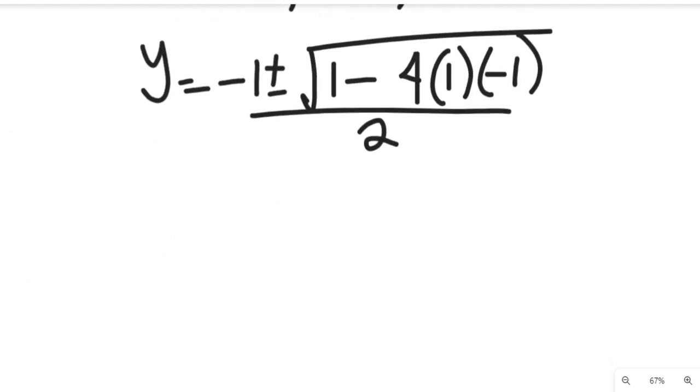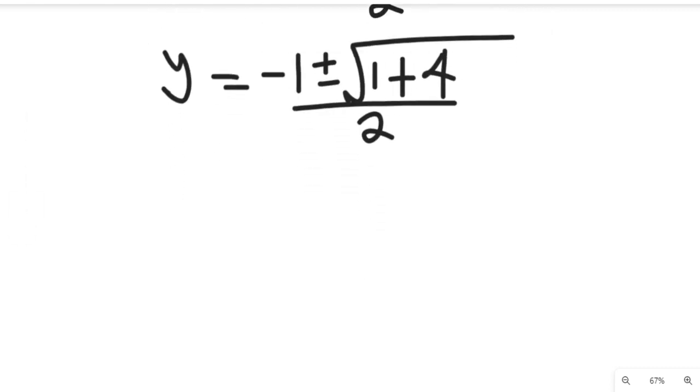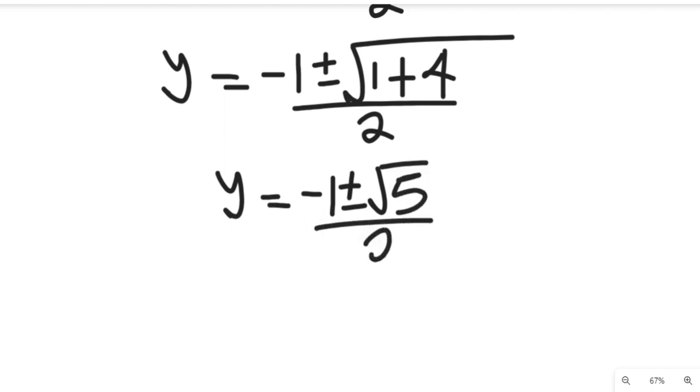So if we simplify this, we're going to have y equal to -1 plus or minus the square root of 1 plus 4, divided by 2. And this will make our value of y equal to -1 plus or minus the square root of 5 divided by 2.